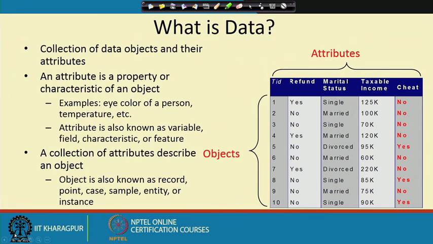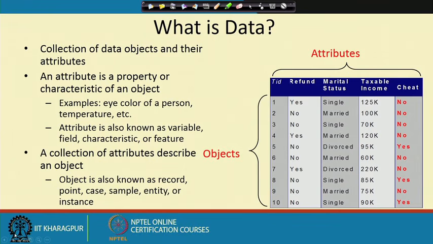One of the most popular forms which we will use in most of the data mining processes is in the form of a table. So, this table you see on the right is basically your data. As you can see, the table is a two dimensional structure. It has some columns and it has some rows.